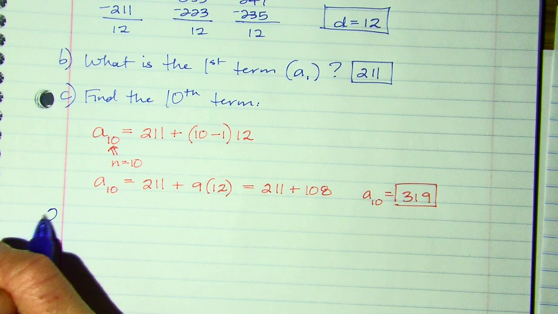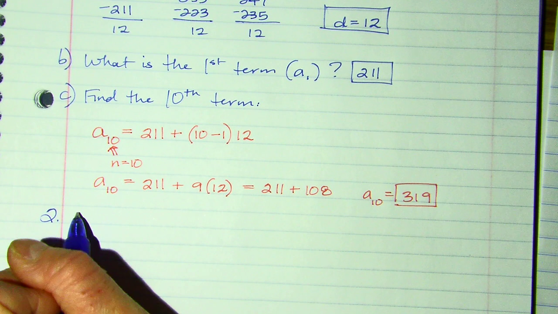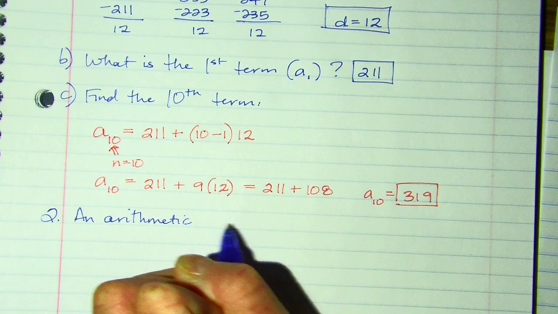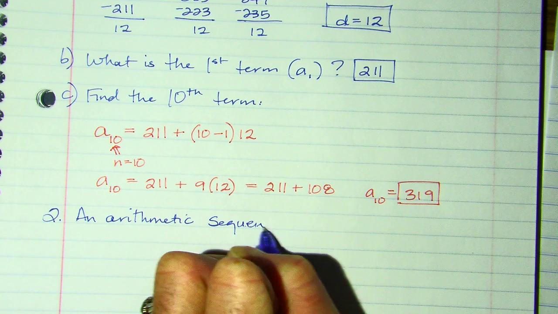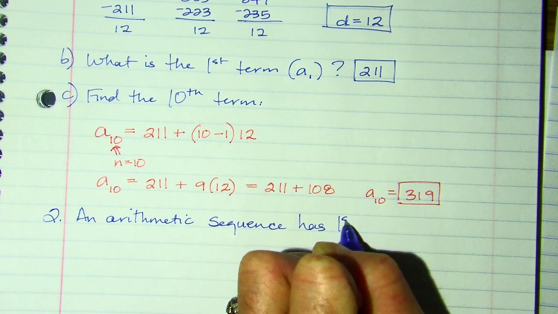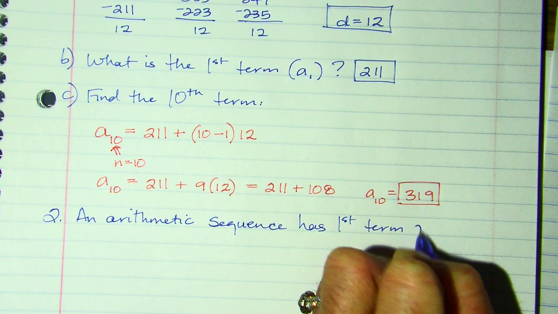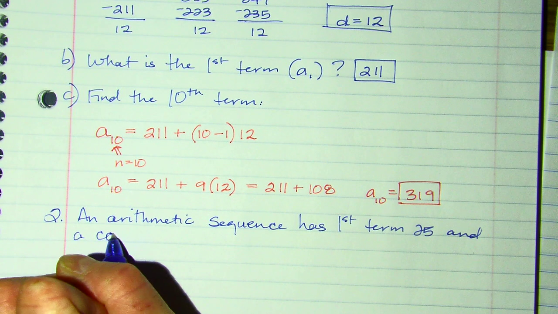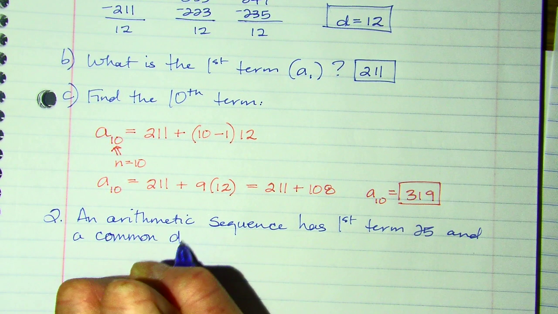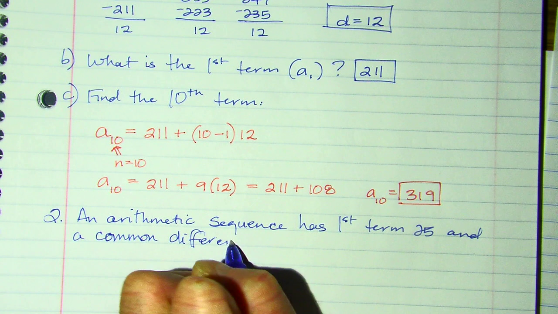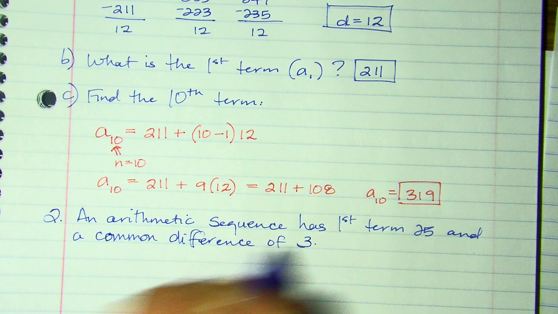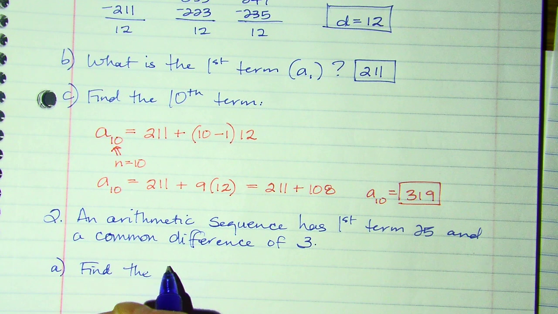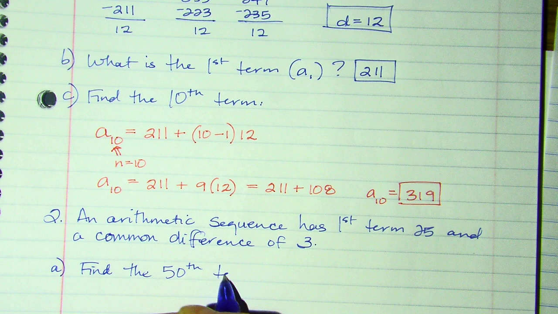Number 2, an arithmetic sequence has first term 25 and a common difference of 3. Part A, find the 50th term.